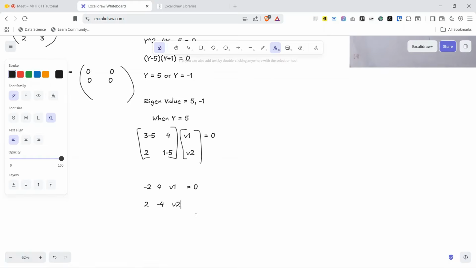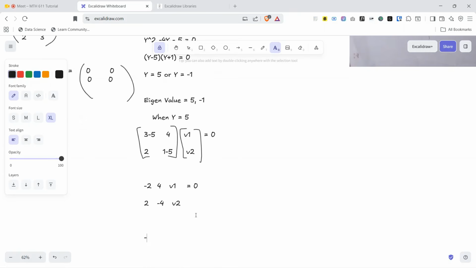When you multiply, this is going to be minus 2v1 plus 4v2 equals 0. That is equation 1.